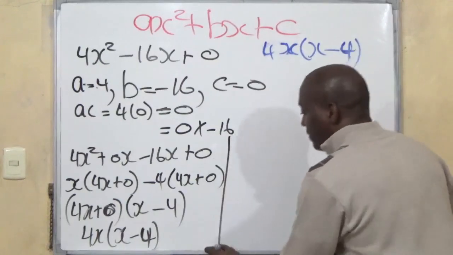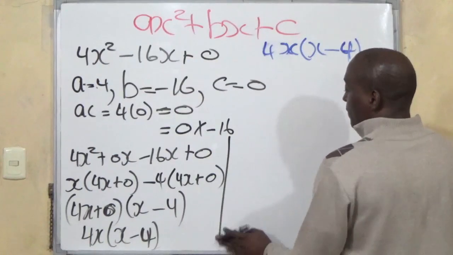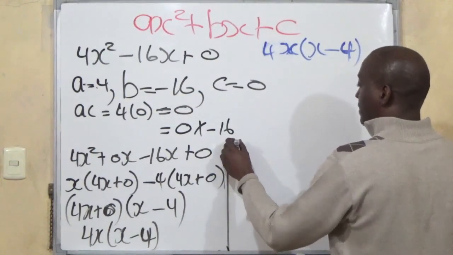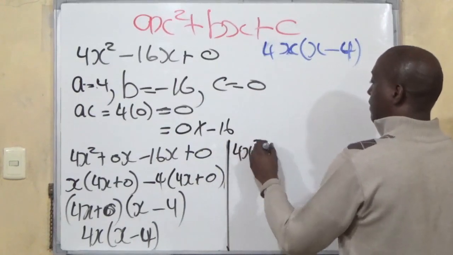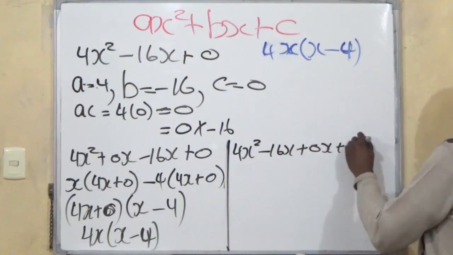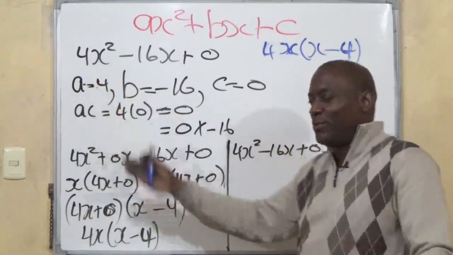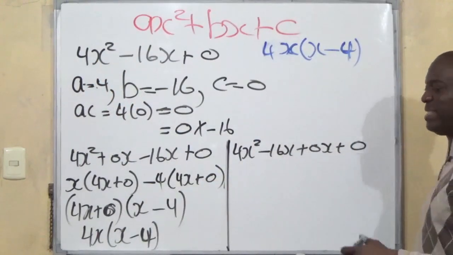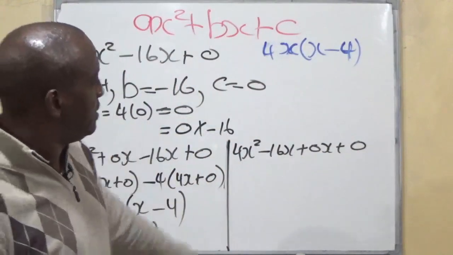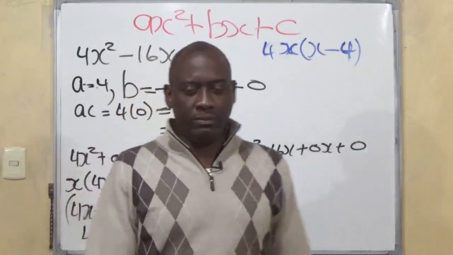If we do it in reverse as we did in the last video when we were discussing factorization, we would have, let me say, 4x squared minus 16x plus 0x plus 0, which is the same 4x squared minus 16x, right? So we could say, well, the 0x plus 0 would disappear, but let us, for the sake of being absolutely facetious, treat this 0 and this 0 as if it actually had some kind of meaning, right?